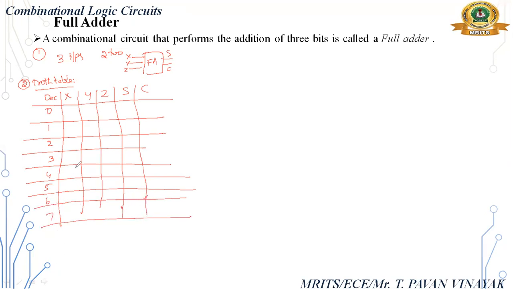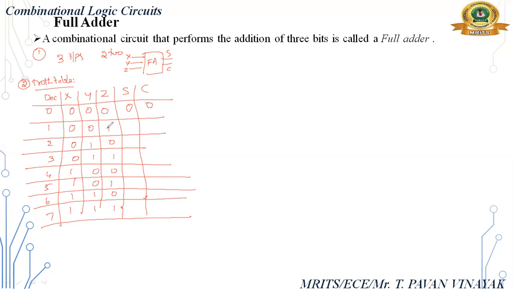Okay, 0 to 7. First write the 3 inputs, so write binary numbers up to 7: 0 0 0, 0 0 1, 0 1 0, 0 1 1, 1 0 0, 1 0 1, 1 1 0, 1 1 1. So 0 plus 0 plus 0 means 0. So sum is 0, carry 0.